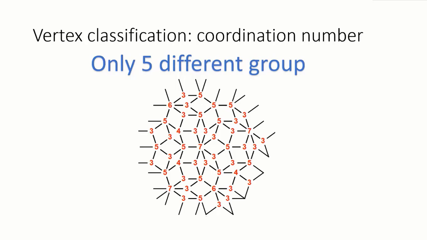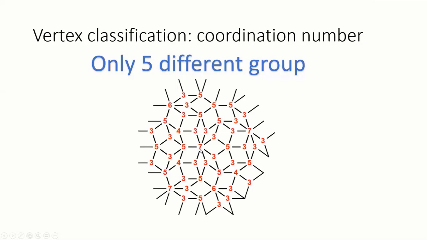Before I show my results on the Bose-Hubbard model or Ising model or other systems, I will first give an introduction to classifying each vertex in the Penrose lattice. In a quasicrystal we have different couplings between sites, so we can classify each vertex based on its coordination number, which is the number of links connected to a specified vertex.